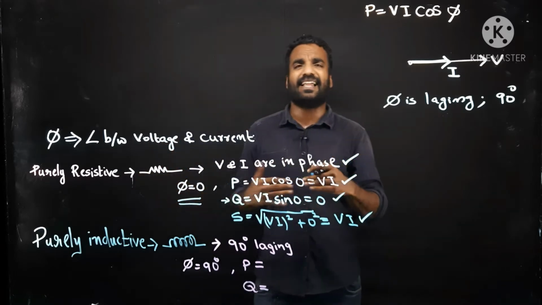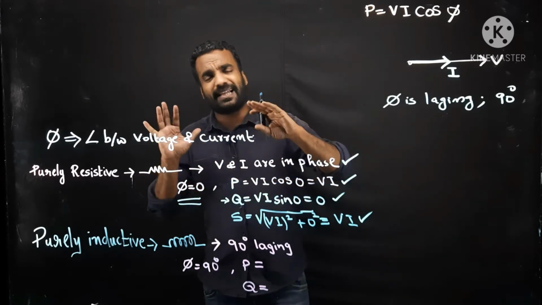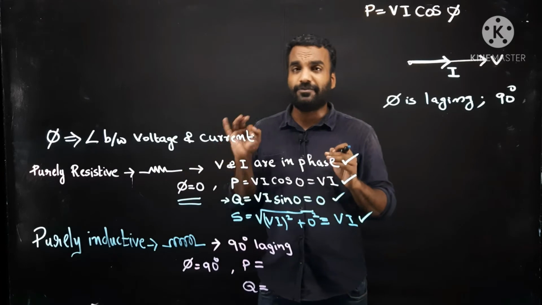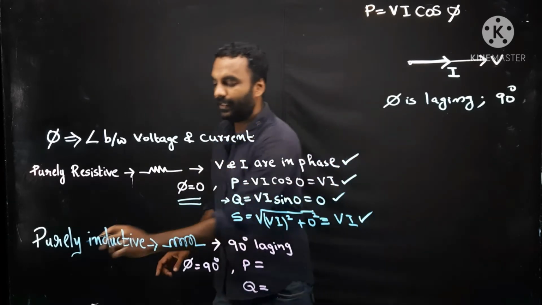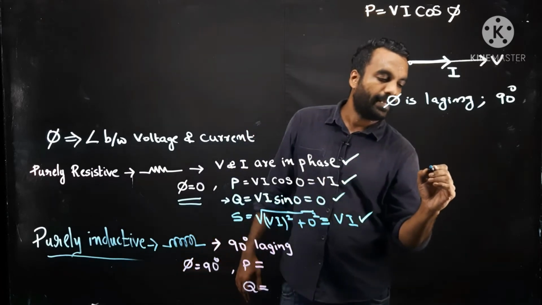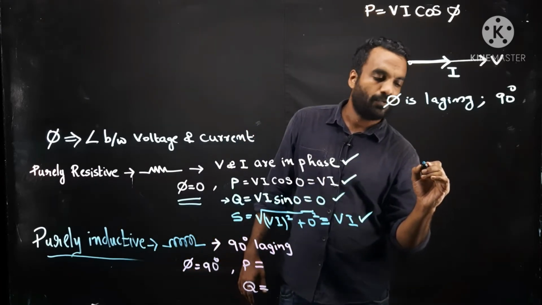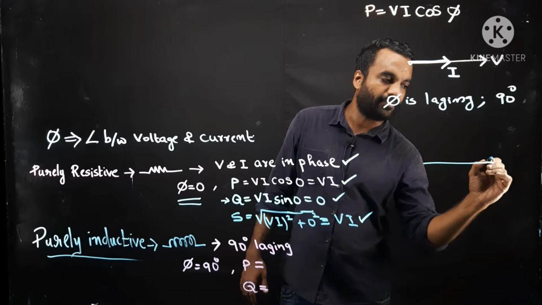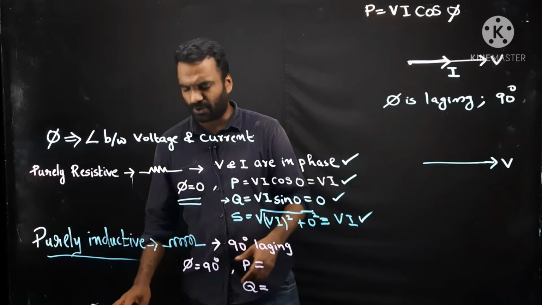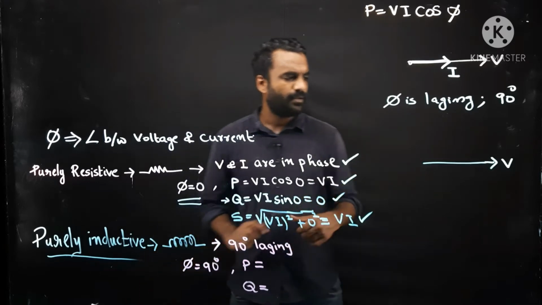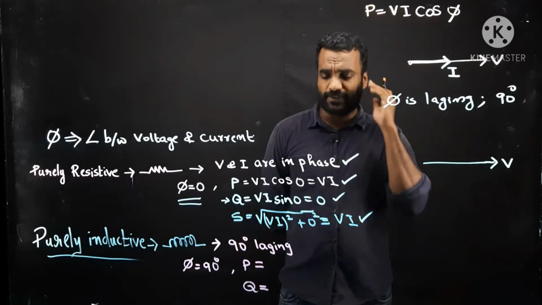But what is this lagging? What is this leading? Who is lagging? Who is leading? You may have some confusion, so I will explain this case. Purely inductive case. Again take voltage as the reference. You can take current also as the reference, no issue. Take voltage as the reference.